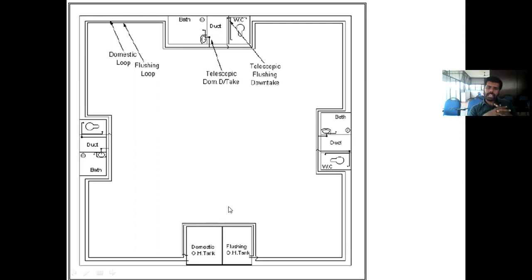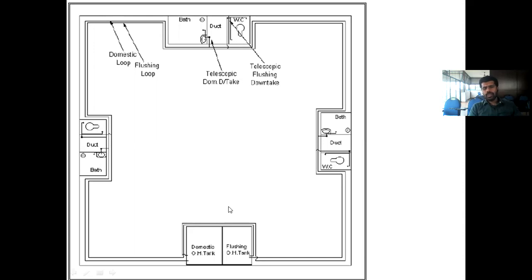From the domestic overhead tank only you will be supplying water to the toilets, where we are not giving it to except the water closet. Every other area we can give except the water closet, and for gardening we can give water from the domestic overhead tank.